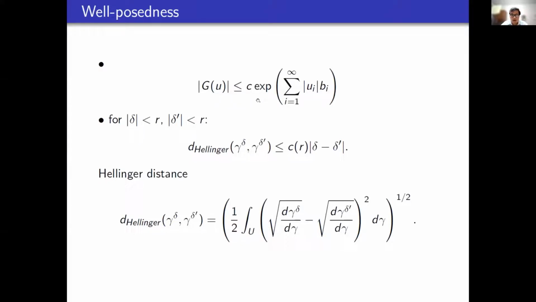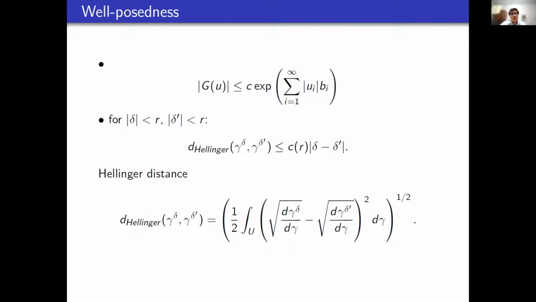And using the variational principle for the forward eikonal equation, we can show that for delta and delta prime such that the R^n norm of them are less than n, the Hellinger distance between gamma delta and gamma delta prime is bounded by what we have on the right-hand side here. So that means that a little change in delta will just lead to a little change in the posterior.